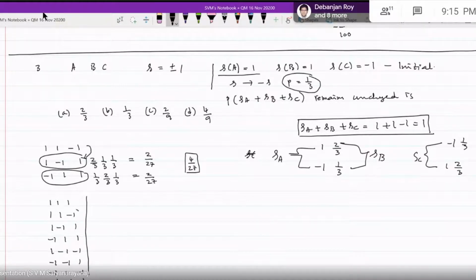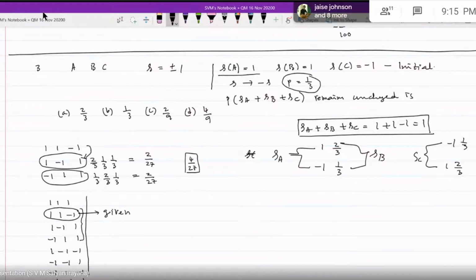This is what is given at an instant of time, right? And the sum should be equal to a constant. That means these are the only 3 possibilities. Correct? So this is already given at some time t.